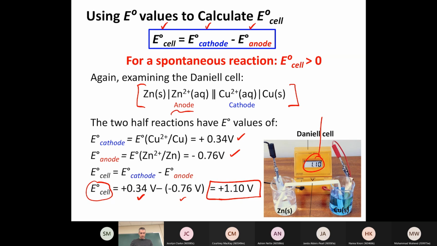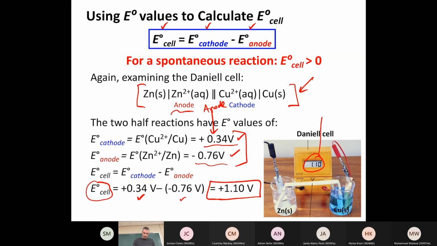How can you tell which one's going to be the cathode and the anode if it's not drawn in this way for you? Well, the spontaneous direction will always have the anode as the one that has the greater E0 value. So we could predict, just looking at these two, well, that one's going to be the anode because its value is bigger. And the cathode is the one that wants to go reduction. It's the one that has a negative value.